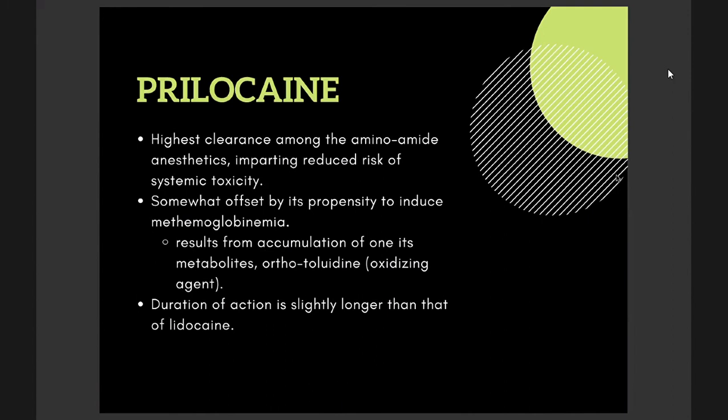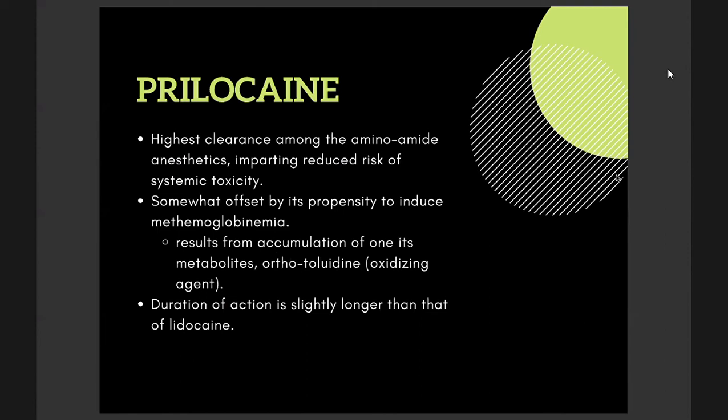So here now is prilocaine, another intermediate amide local anesthetic. It has the highest clearance among the amino-amide anesthetics, imparting reduced risk of systemic toxicity. But this reduced risk of systemic toxicity is somewhat offset by its propensity to induce methemoglobinemia.